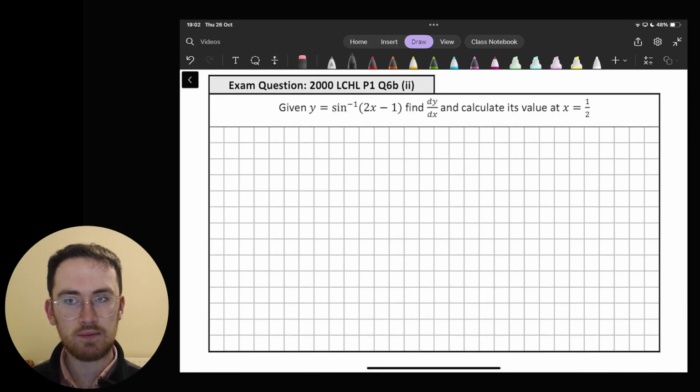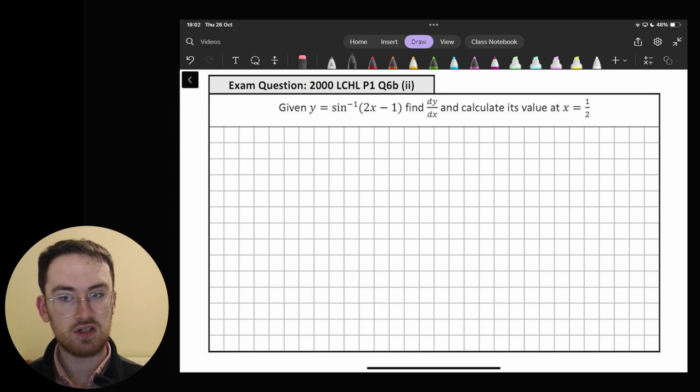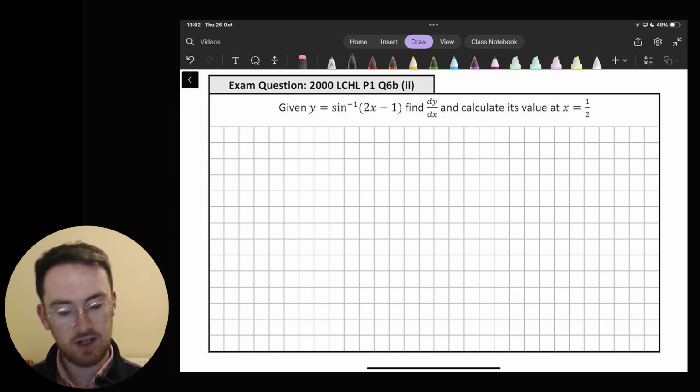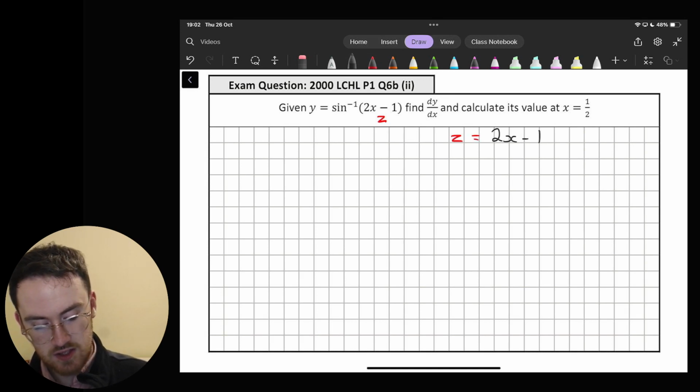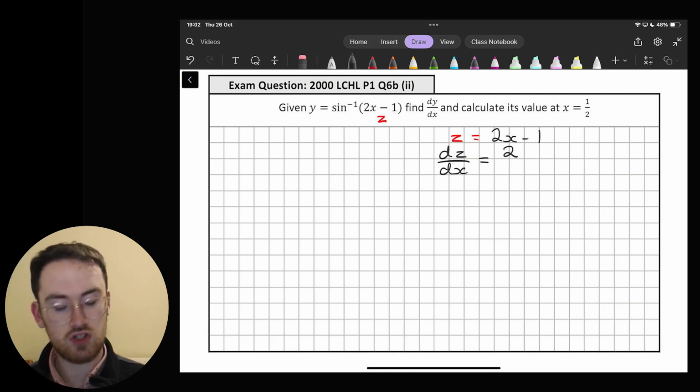So again, we're going to be applying a little substitution for our derivative here because we have a nice full expression to deal with. So let's have a look. If we call our expression z in the middle here, I can say that z is 2x minus 1, and the derivative of z is of course just 2.